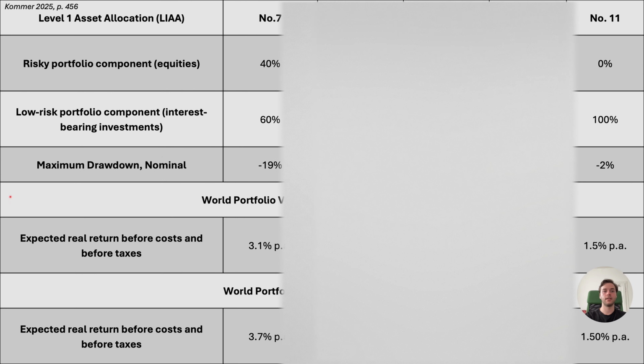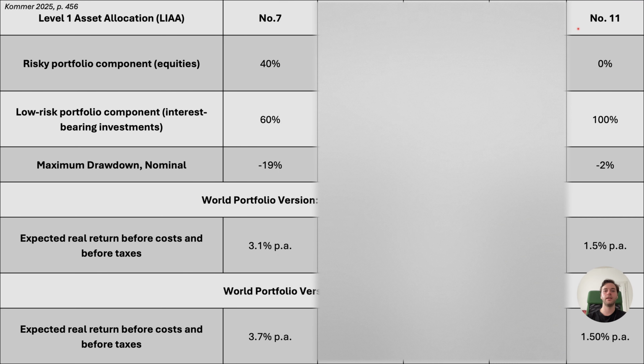And here is the second part of the table. And of course, at the end, for version number 11, we are at 100% invested just into the safe part of the portfolio. And for the last two numbers, we only have a maximum drawdown of -2%.